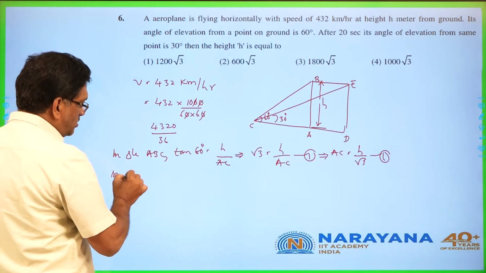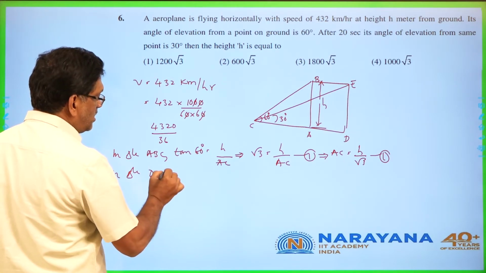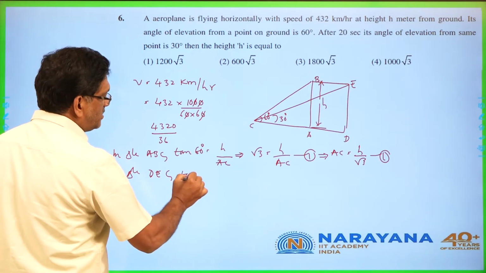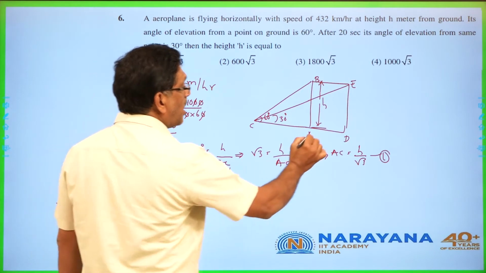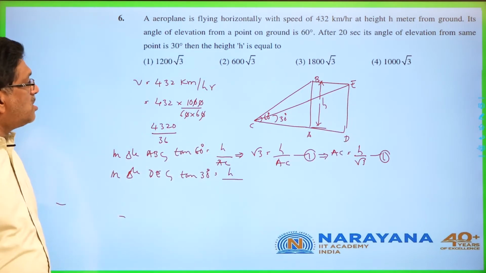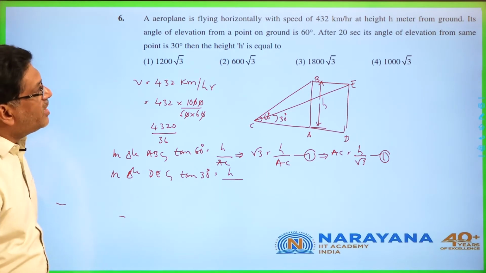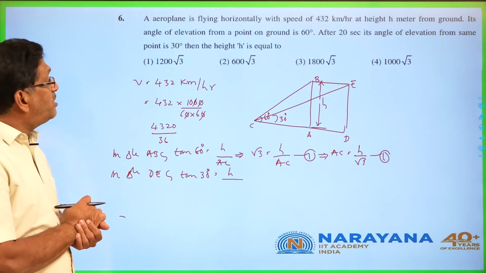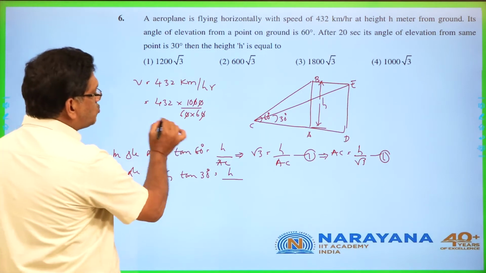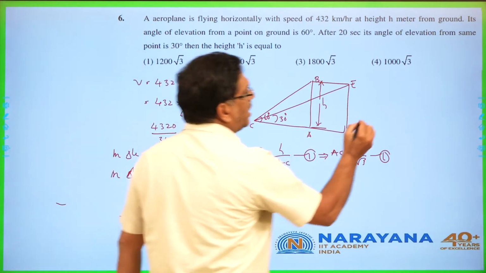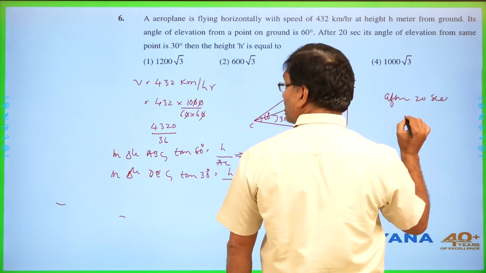Next, let us take one more triangle, that is DEC. In this triangle, tan 30 degrees, height remains the same, and that is this one. After 20 seconds, he has given the angle of elevation from the same point. This is the velocity. What happens in 20 seconds?